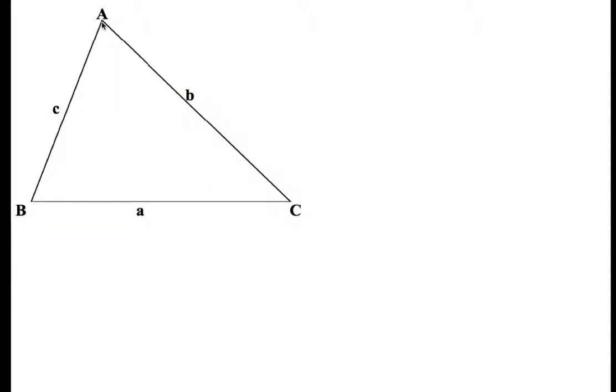So across from angle capital A, if you go across the triangle, that's where you'll find side little a. And across from big B, that's where you find little b, and so on. Across from big C, there's little c.